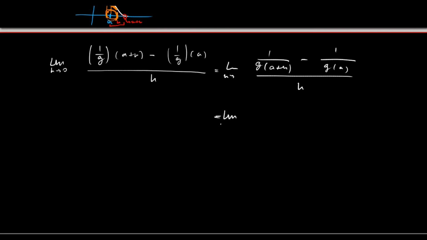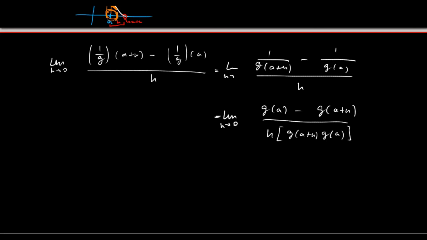So taking common factor, we can write this as g of a minus g of a plus h, so this multiplied by 1 and this one multiplied by 1, and now divided by h times g of a plus h times g of a.